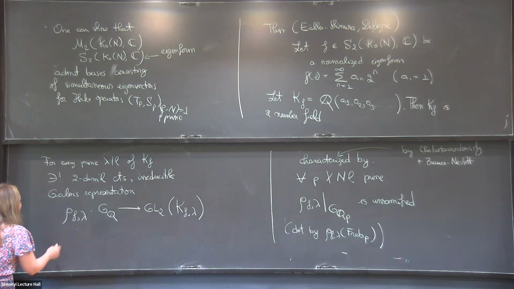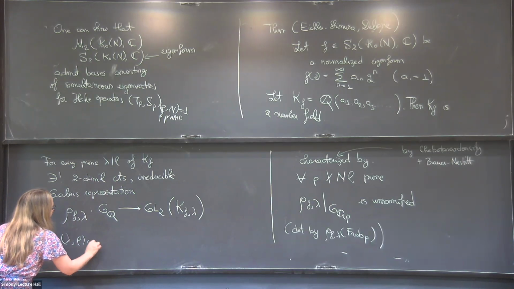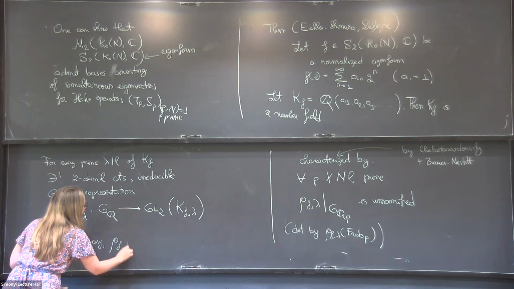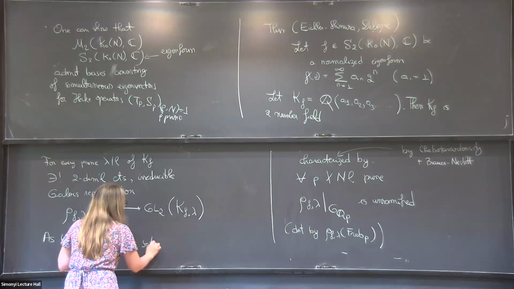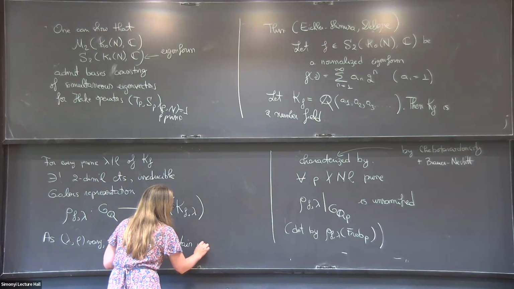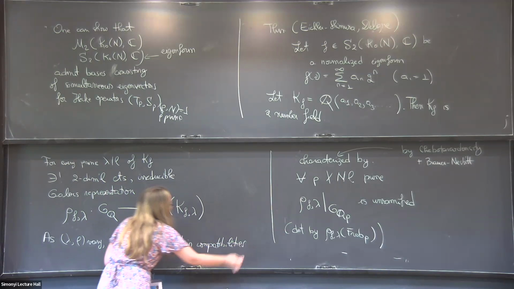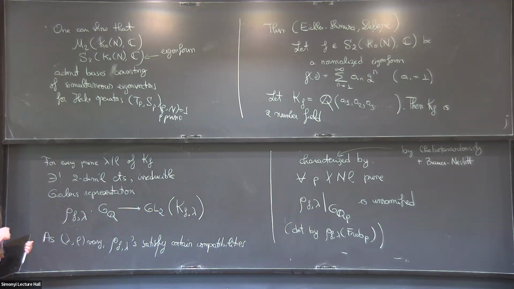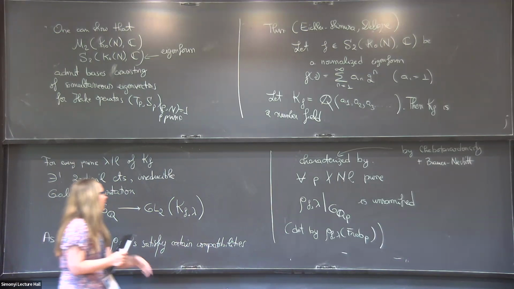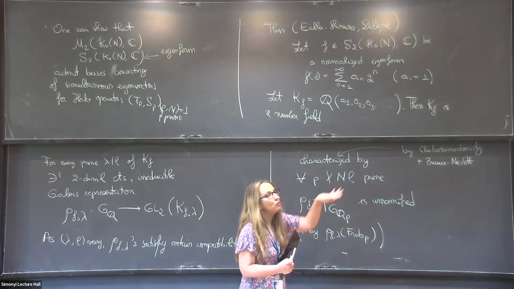And also, as lambda and l vary, these rho_f,lambda satisfy certain compatibilities. So any one of them is enough to recover f. And if you have two of them, then maybe you have to exclude an l1 and an l2, but other than that, they have to match up.